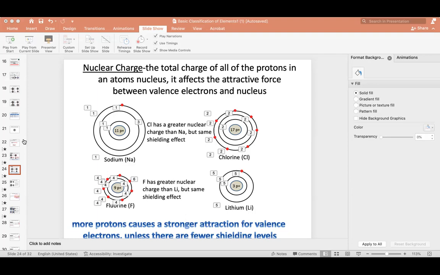So let's go first with the shielding effect. The shielding effect is controlled by how many rings. What we do know is that carbon and lithium both have the same shielding effect. So if they have the same shielding effect, it's going to be difficult for us to tell apart the influences of shielding between carbon and lithium.